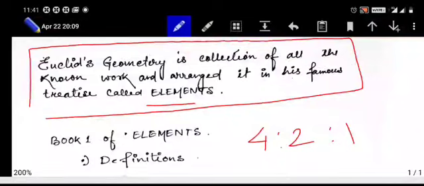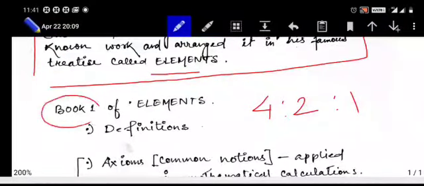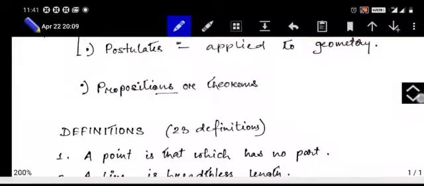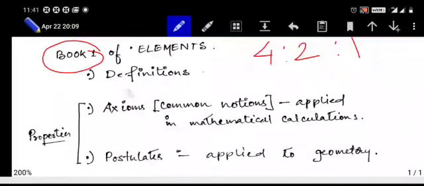In this, book 1, he first defined the different objects and their properties, and gave some proofs. A definition is a statement which describes an object. In book 1 you will get 23 definitions, but in our NCERT textbook only 7 definitions are discussed. Then we come to know the properties.